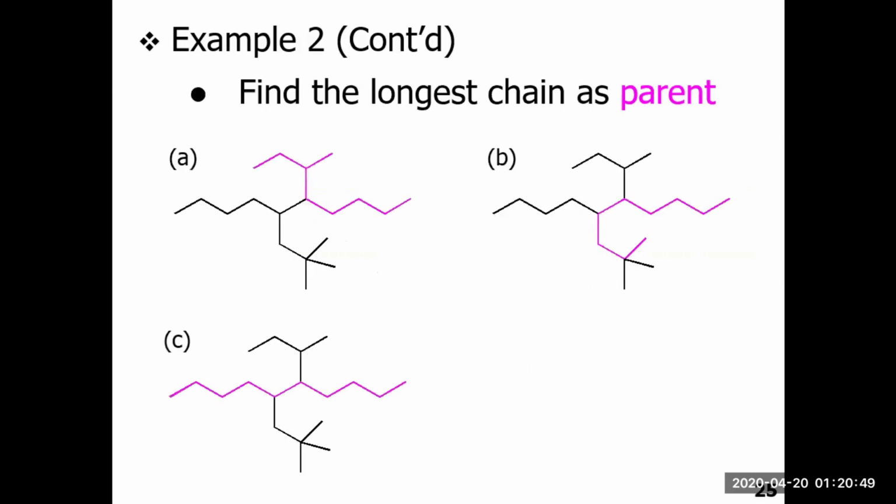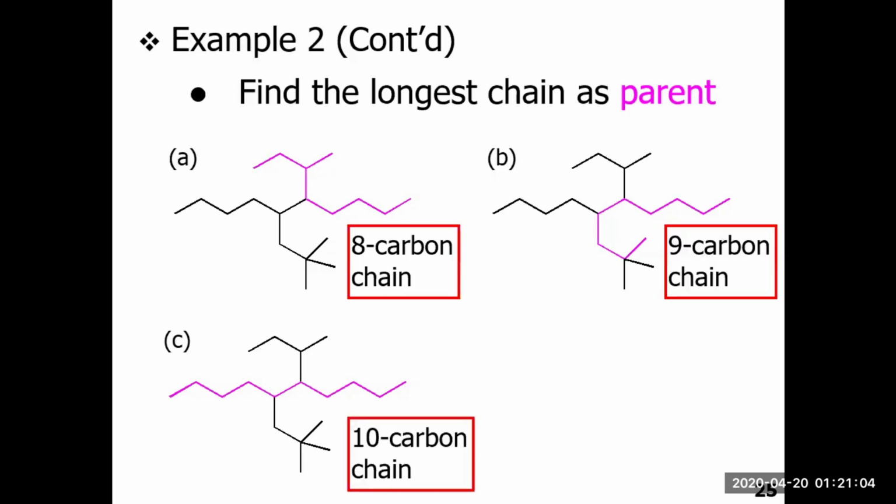The chain which has the most carbons becomes the parent. We have possible options here, A, B, and C. A has 8 carbons, B would have 9, and C would have 10 carbons. So this one will actually win because it has 10 carbon atoms. That parent will become the king.